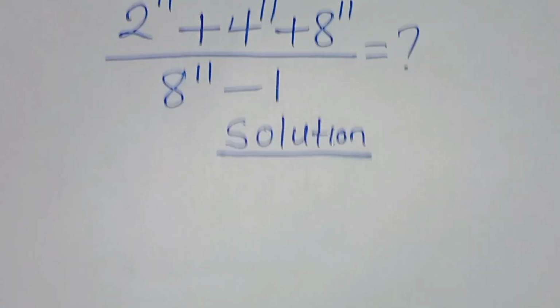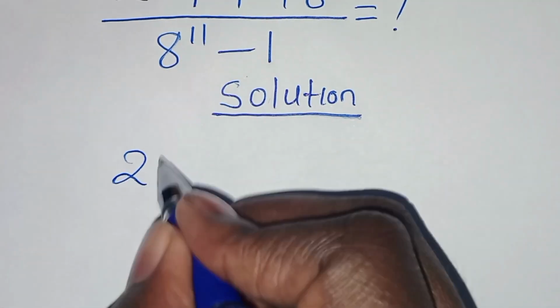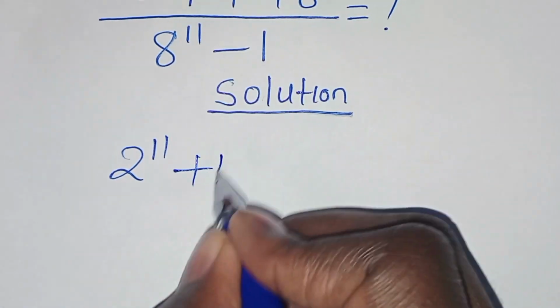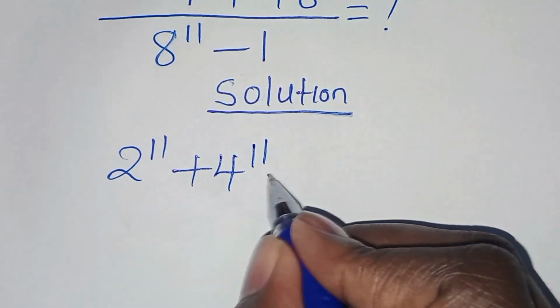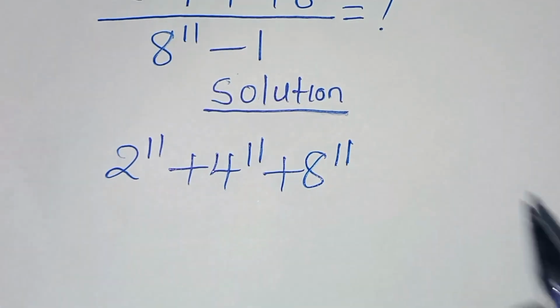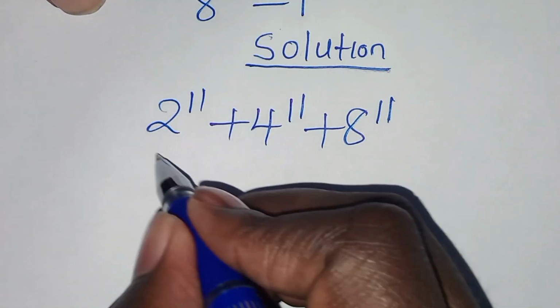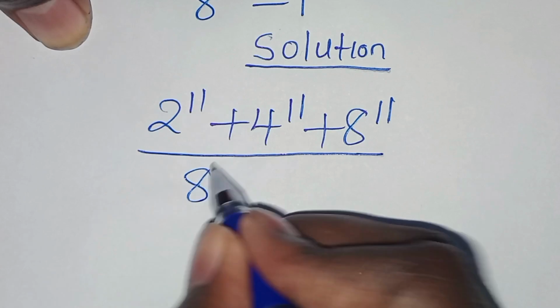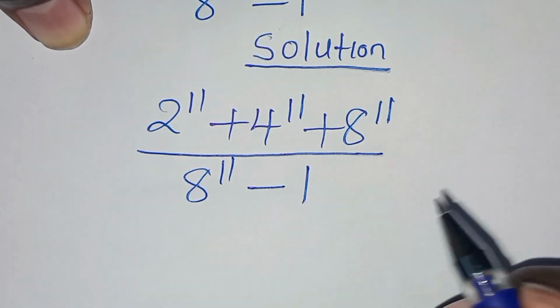Now, we have 2 to the power 11 plus 4 to the power 11 plus 8 to the power 11 divided by 8 to the power 11 minus 1.